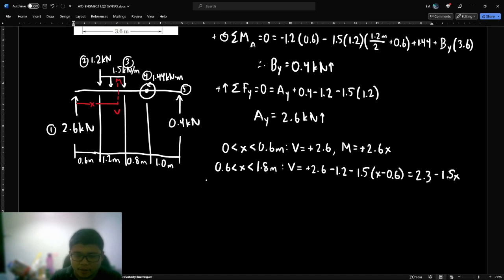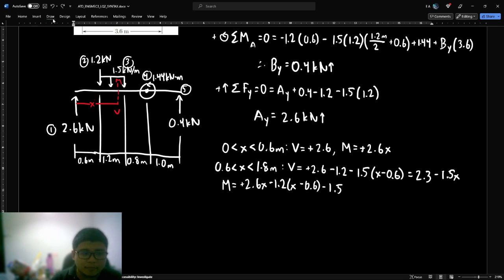For our moment equation, this would be plus 2.6x minus 1.2 times x minus 0.6 minus 1.5. The reason why I'm placing this as minus is because if we try to bend it, it would look like it's going to bend like a frown.